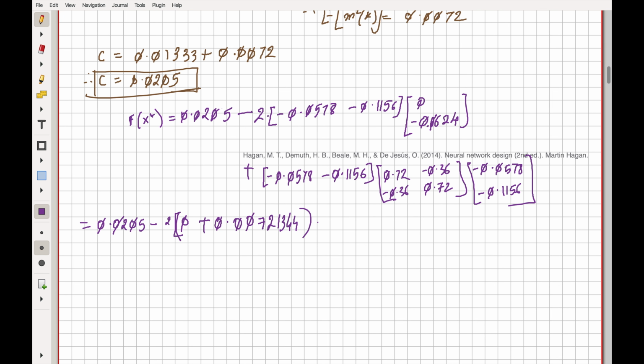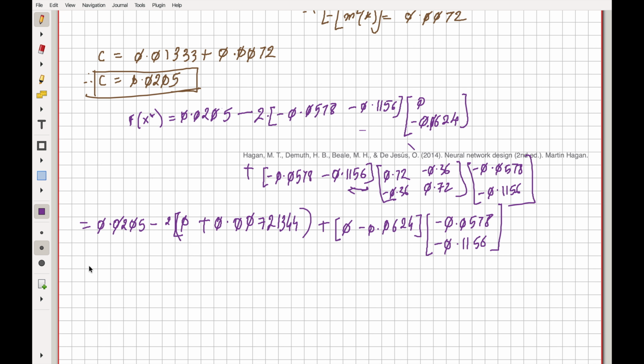Right, so we have that, and then for this term minus 0.0624, and then again we have minus 0.0578 minus 0.1156.